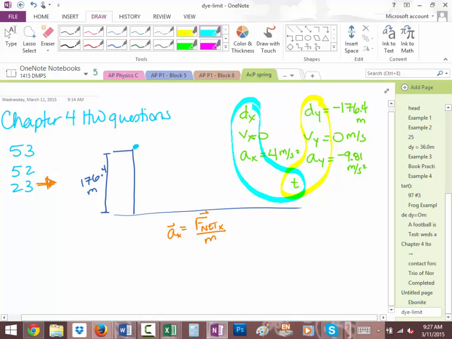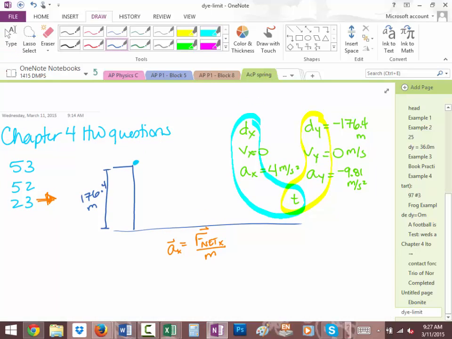And then part C, it does say what is its speed when it hits the ground. So here's the thing. If we draw the trajectory of this thing, does it make sense it's going to go like this? Yeah? At the very end, right when it hits the ground, the velocity vector looks like that. So the velocity vector is going down at a funny angle.